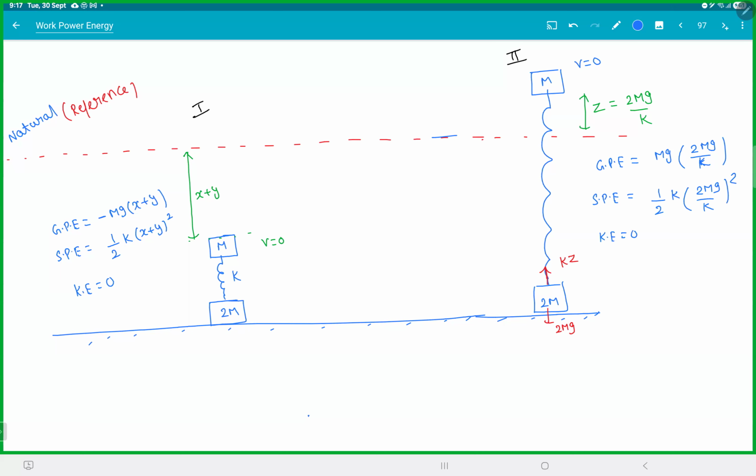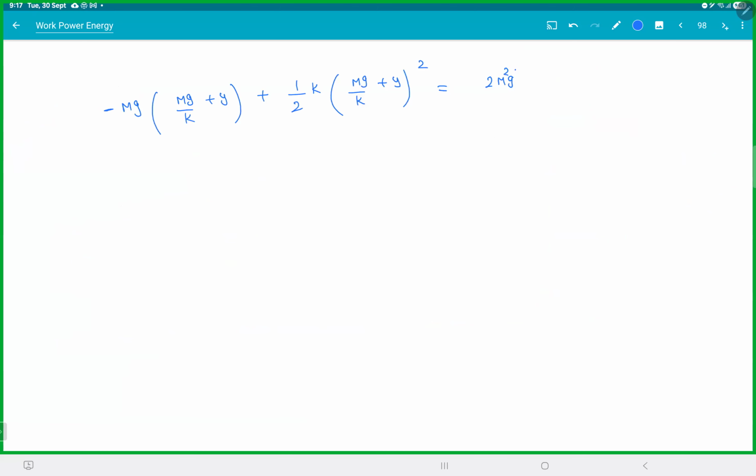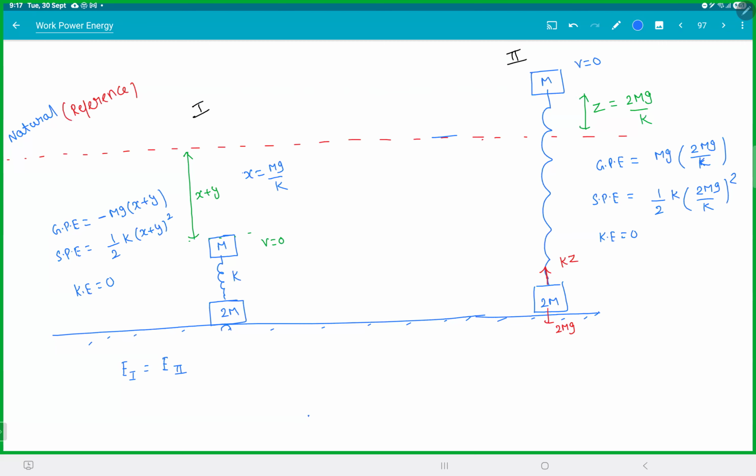Are there any external forces on the system? Yes, there is an external force, the normal reaction on the ground. But is it doing work? No. Therefore, work done by external force is 0. Energy in state 1 is equal to energy in state 2. What is this x actually? This x is mg by k. So if I equate all the stuff, I will get minus mg(mg by k plus y) plus half k (mg by k plus y) whole square, is equal to mg times 2mg by k plus half k times (2mg by k) square.